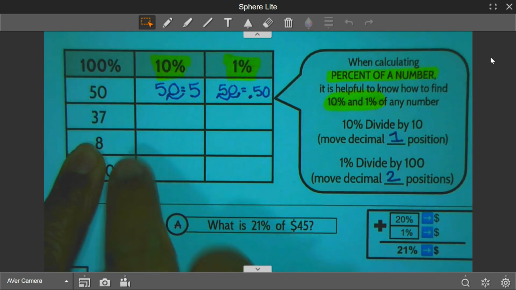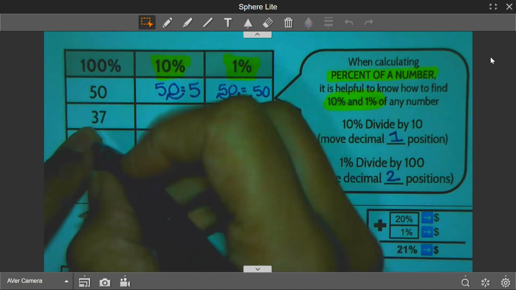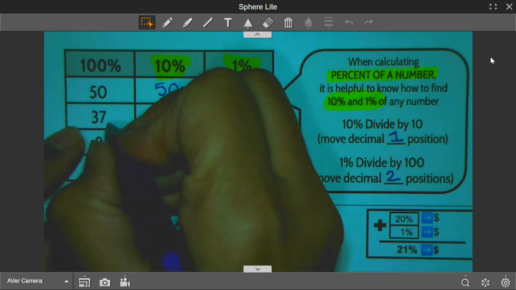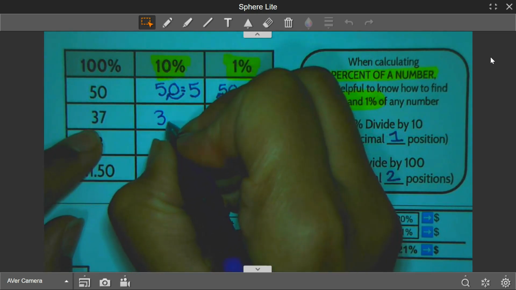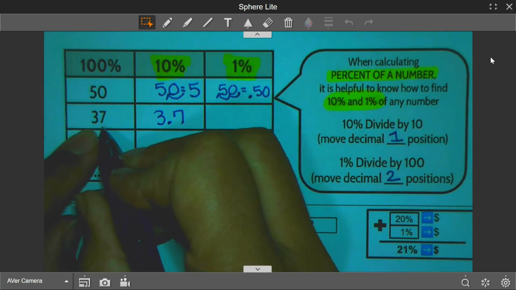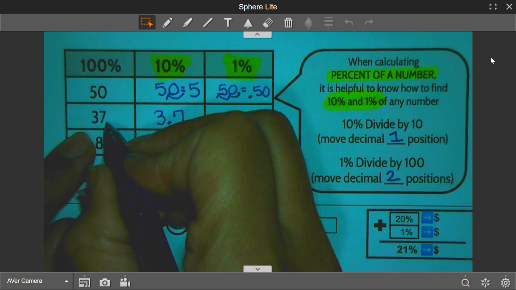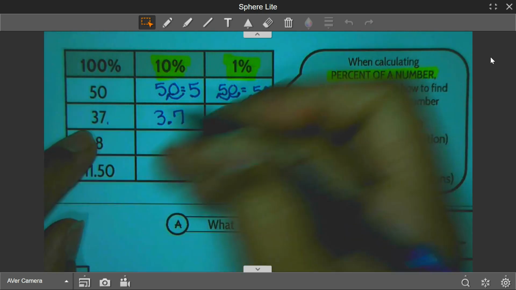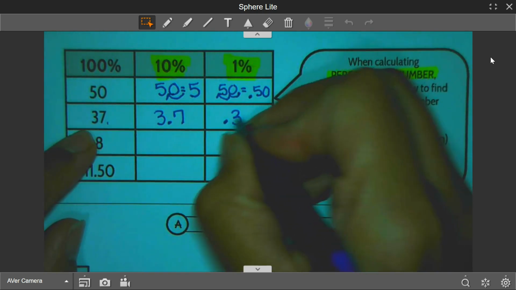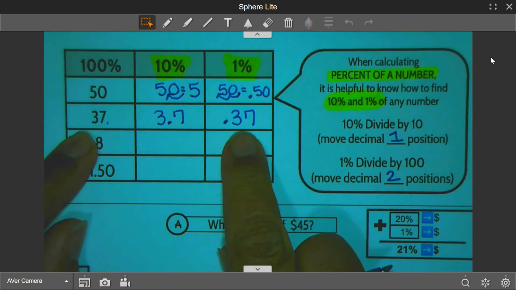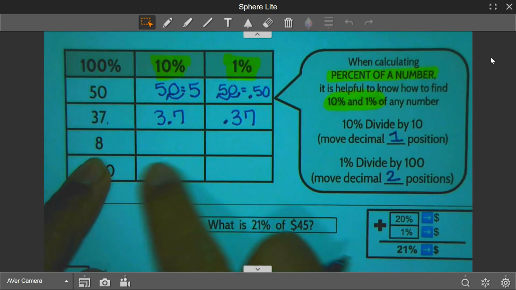All right, so now let's do that with 37. So 37, move it over once, it would be 3.7. 1% of 37, I would need to start at the end and divide by 100 or move the decimal place twice. That would be 37 cents. How about 8?